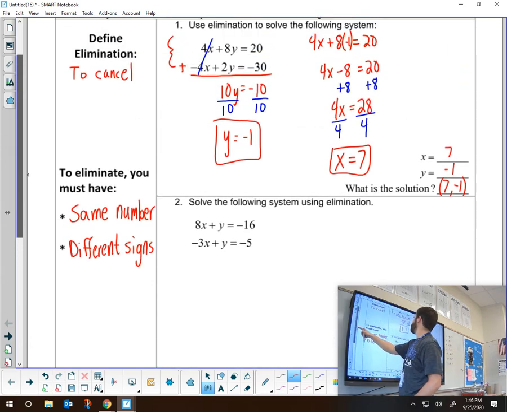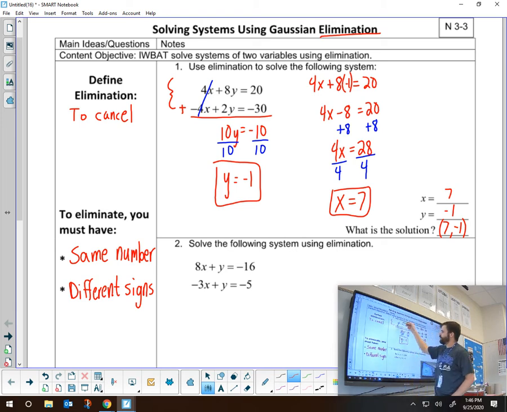So look back up here with me. Look at this, 4x and negative 4x, they were the same number, but one was positive, one was negative. So whenever I added them together, it canceled out. It eliminated. Well, that's what we're going to be trying to do on each and every one of these.